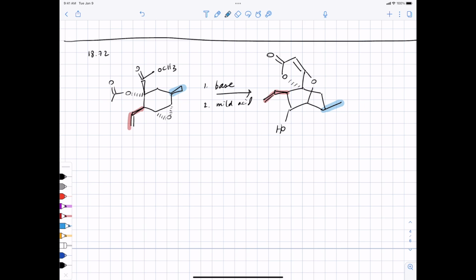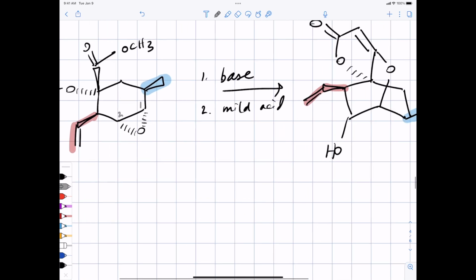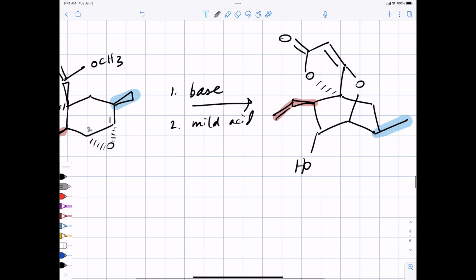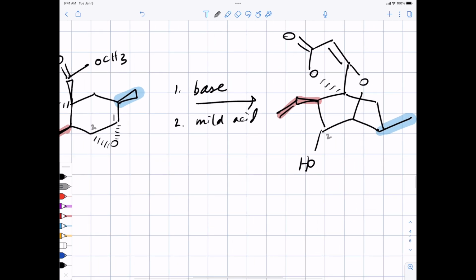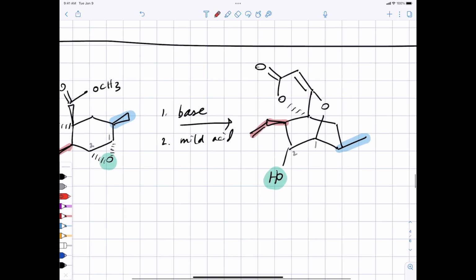Notice between those two groups that don't change, you have an epoxide, and so it looks to me like this OH here used to be the epoxide, right? And that what we've done is an epoxide opening reaction.